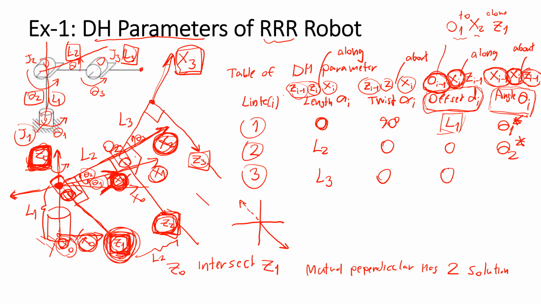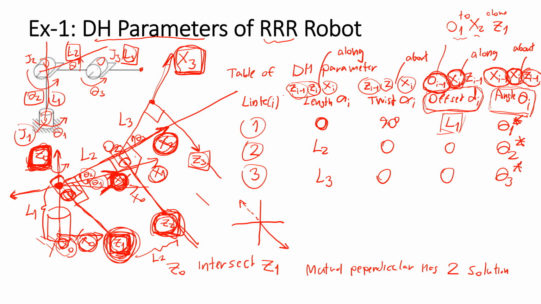And the angle is the angle of X3 compared to X2 about the C2 axis. So the angle will be theta 3, which is the joint variable. So this is the 3-revolute joint robot.